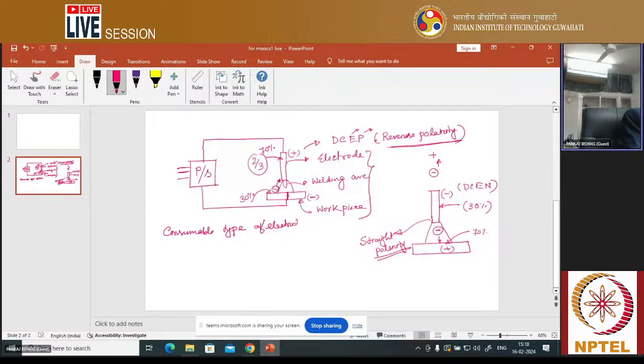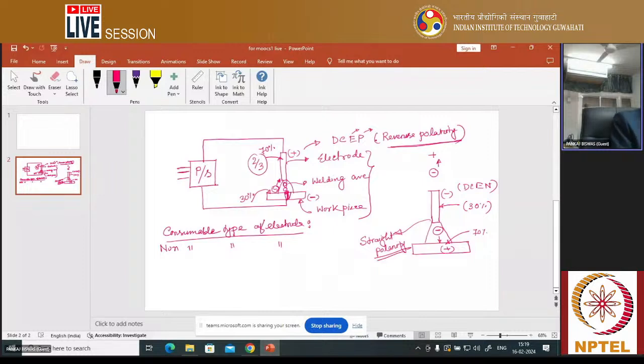Whatever electrode we are using to generate the arc, that electrode can be a consumable type or a non-consumable type. Always keep it in mind. Consumable electrode means this electrode will heat, accumulate heat and melt, droplets will be generated, and they are deposited towards the workpiece weld zone.